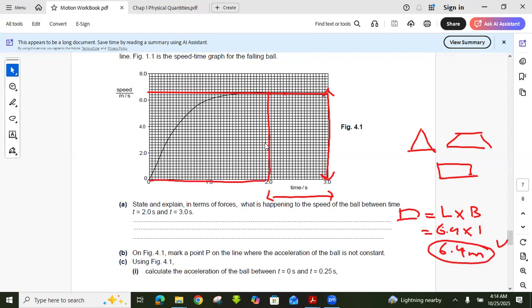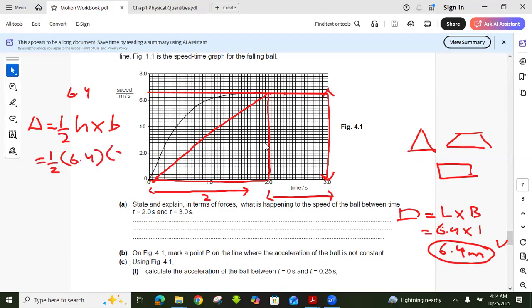But let's do this part. Why not apply the formula of a triangle here? Here the height is 6.4 and the breadth is 2. Because they don't want an exact value, they want an estimated answer.